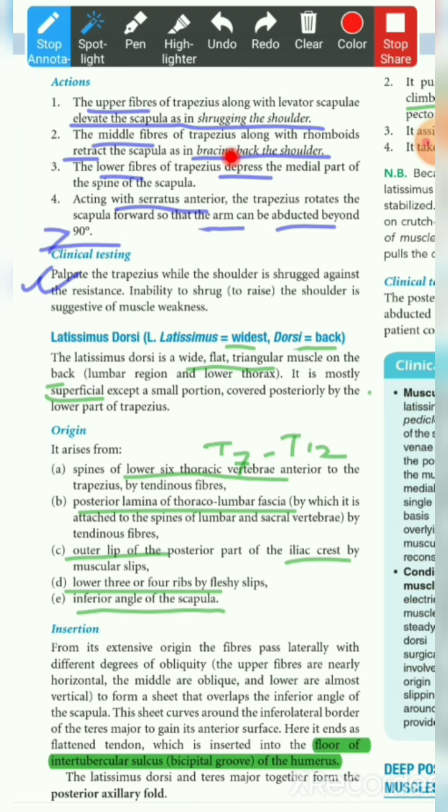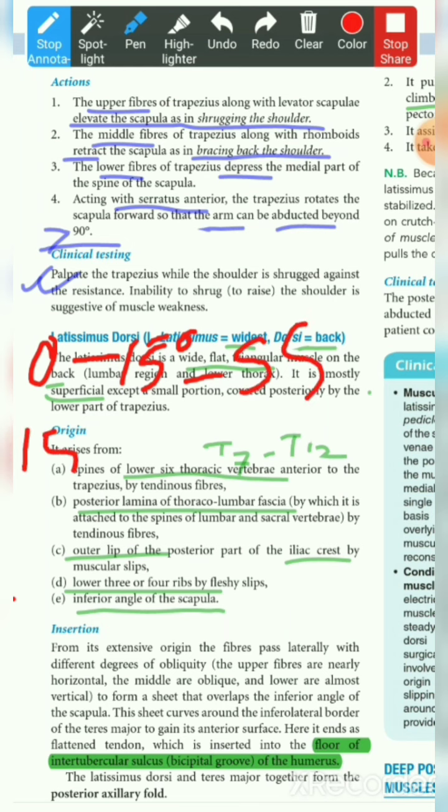And the trapezius muscle helps in the abduction of the shoulder. With the help of serratus anterior, this muscle helps us abduct our arm beyond 90 degrees. So we can say the abduction of the shoulder joint or arm from 0 to 15 degrees is by the supraspinatus muscle.